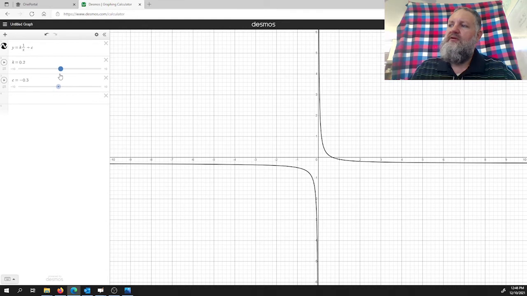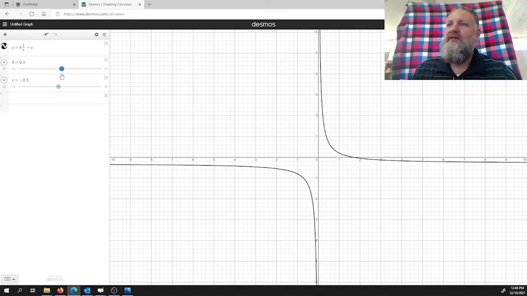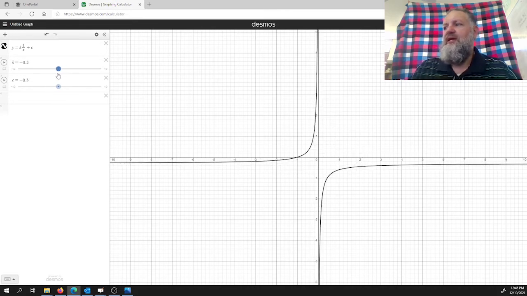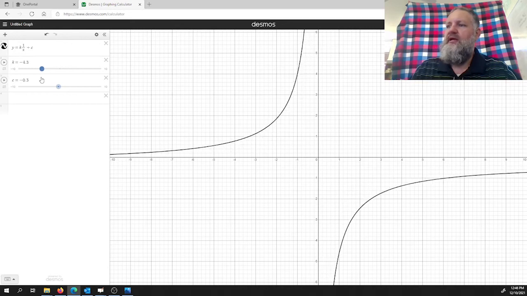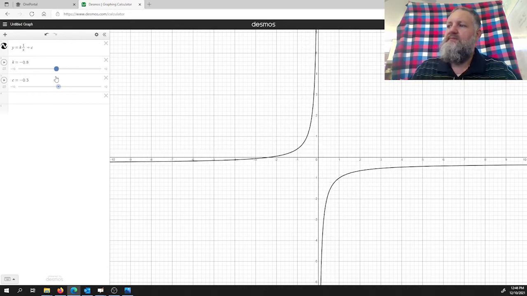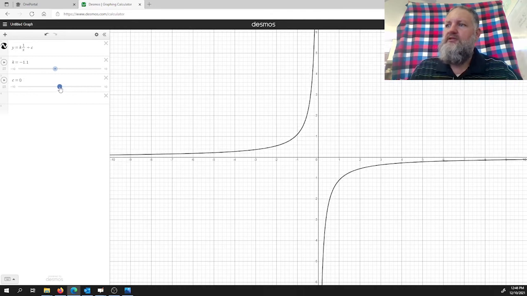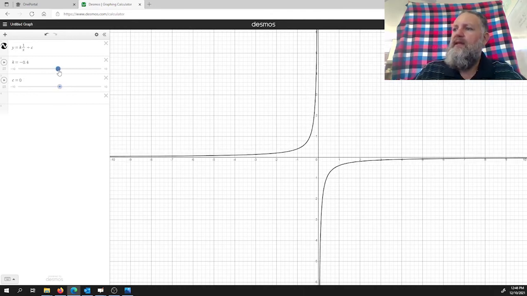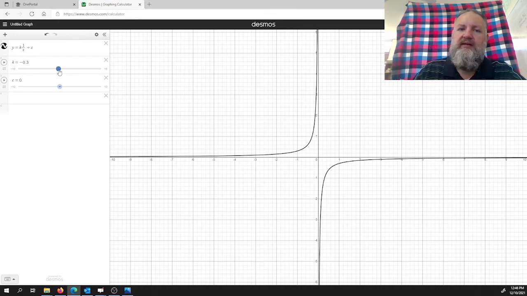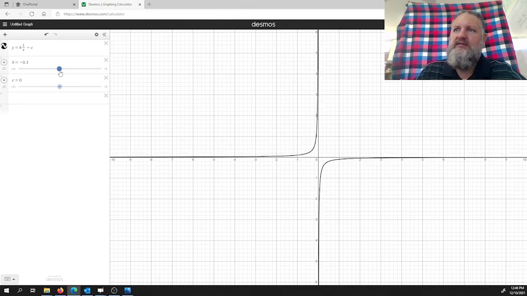It wouldn't have a vertical component though, because x would be 0, and we're only getting a y value there. I'm actually going to make this c value back to 0 to show you a really important thing. Please note that the only time our hyperbola ever touches the actual x-axis is when k is 0.